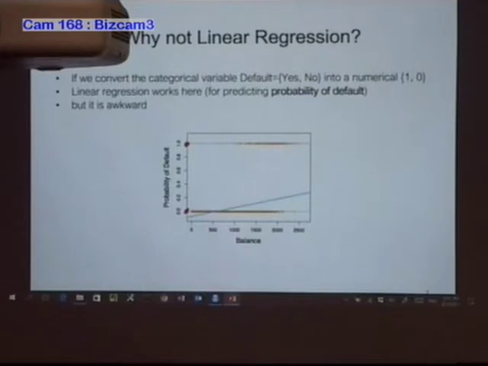And what do we say about this line? What we want from this is a probability. Hopefully we can say, if a guy's balance is 1,500, he has a 20% probability of default. That's what we want to say. And the result is okay in this range. There's some number, and we can interpret that as a probability.